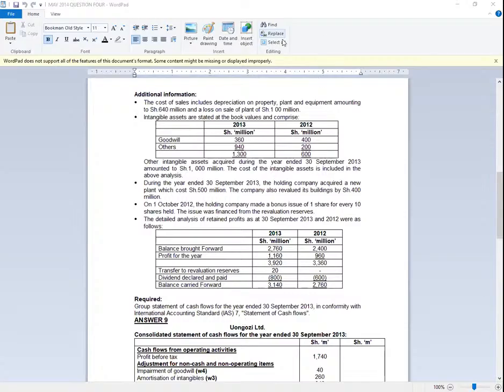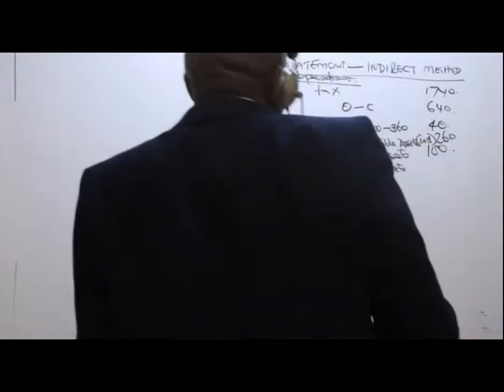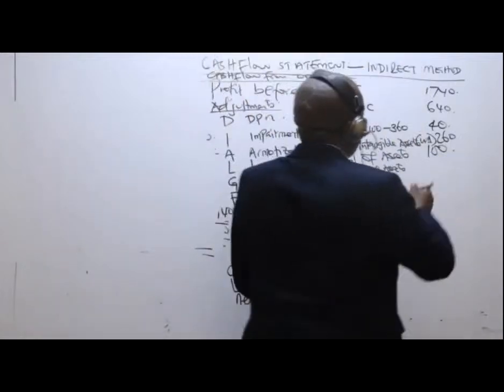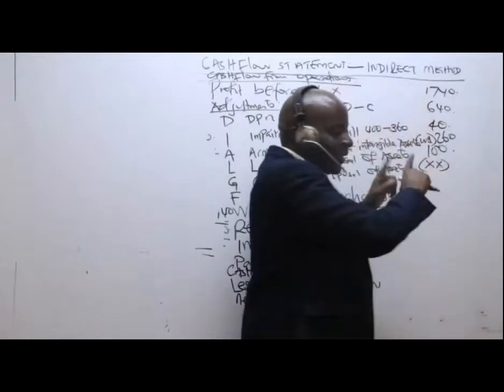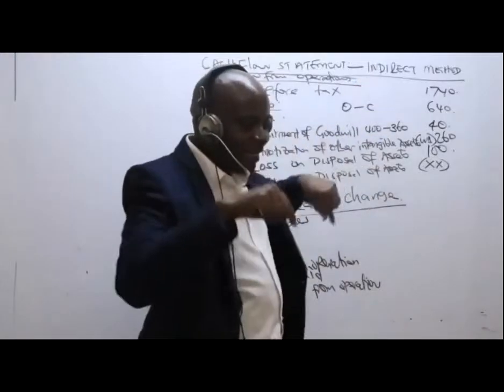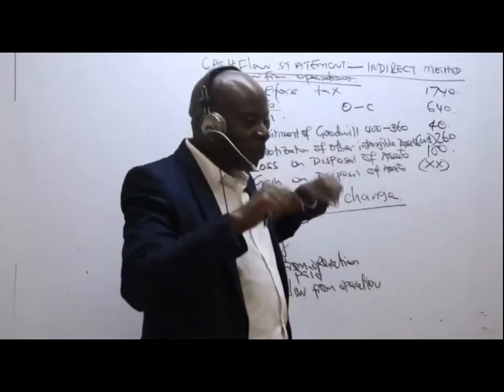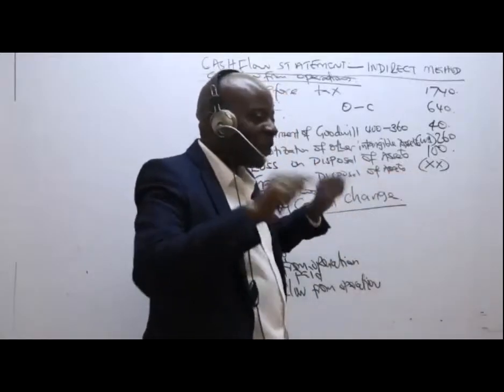If I had a gain on disposal of assets, assume a gain of X, the gain is the only one that we deduct. If you're told there was a gain of, say, 100, I would put it negative. Gain is the only one that we subtract.